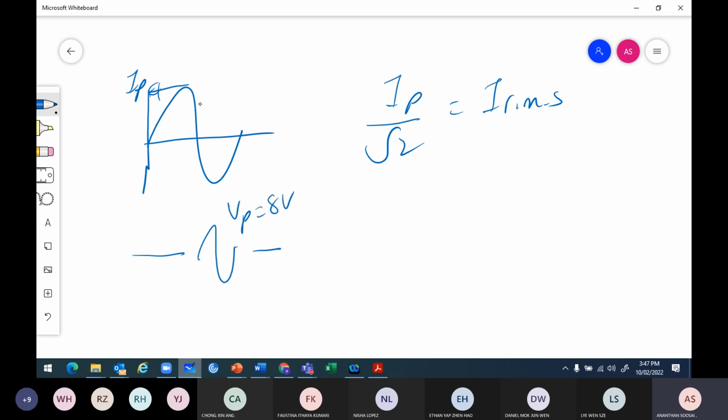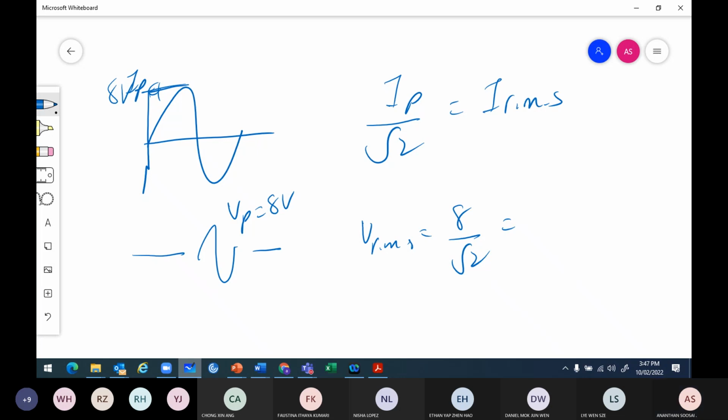That means its RMS value, VRMS, is 8 divided by √2. What's the answer you got?